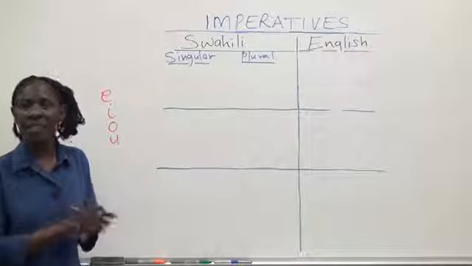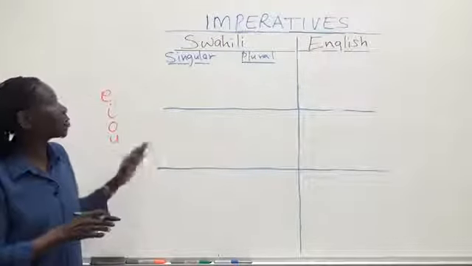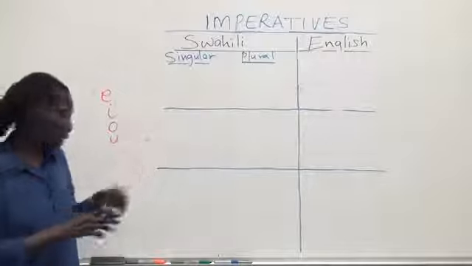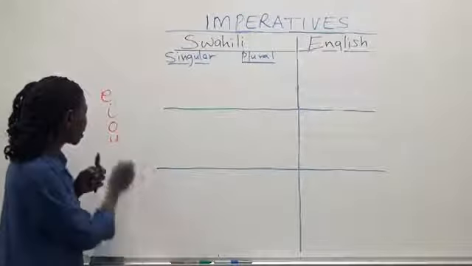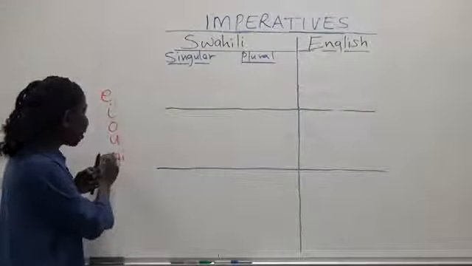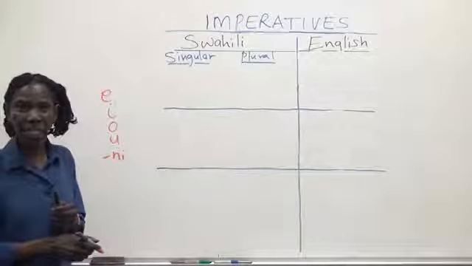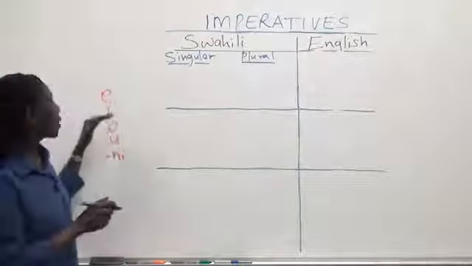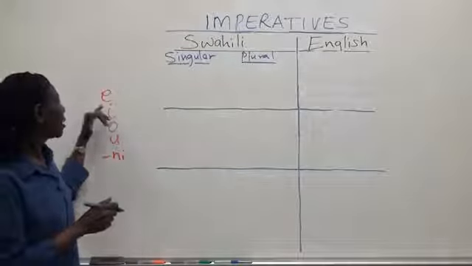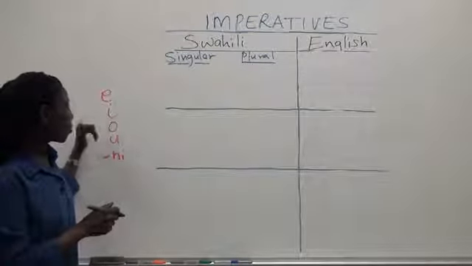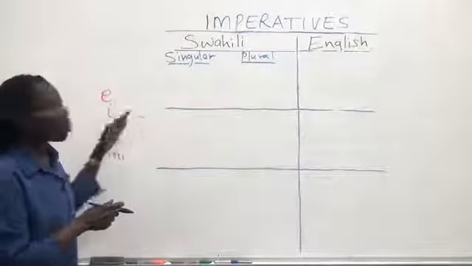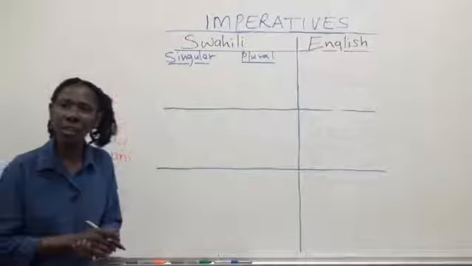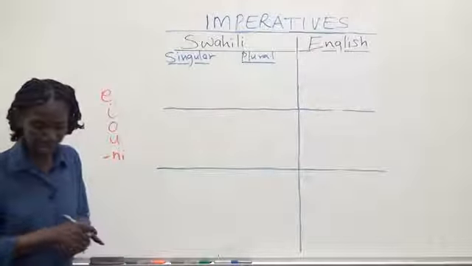It remains the same. The only thing that we do, as in the previous example, is to have the suffix ni added to the verb stem. All right, so let's look at examples of verbs with letters e, i, o, and u, as opposed to what we discussed earlier on, verbs ending with letter a.